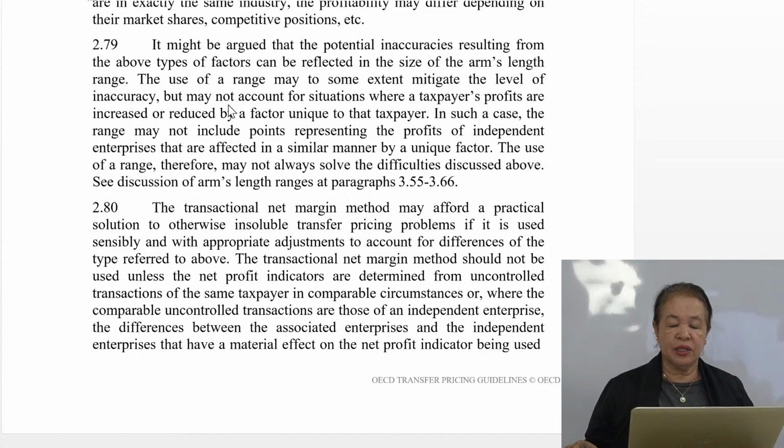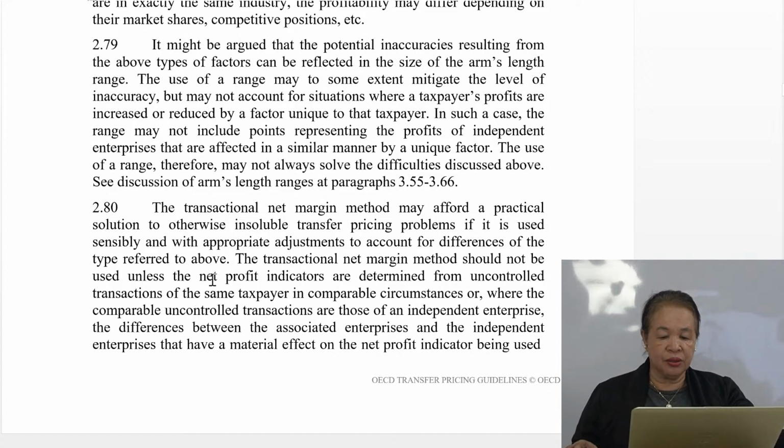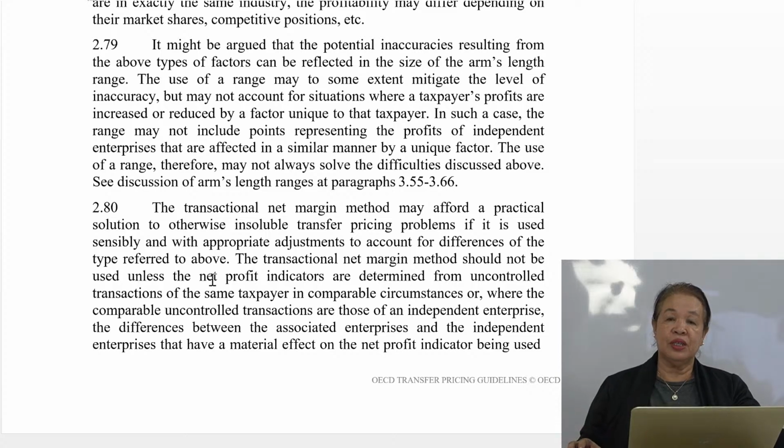The transactional net margin method should not be used unless the net profit indicators are determined from uncontrolled transactions of the same taxpayer in comparable circumstances, or where the comparable uncontrolled transactions are those of an independent enterprises. Because you cannot compare a controlled transaction to another controlled transaction. It should always be that you compare the controlled transactions with the independent transactions.